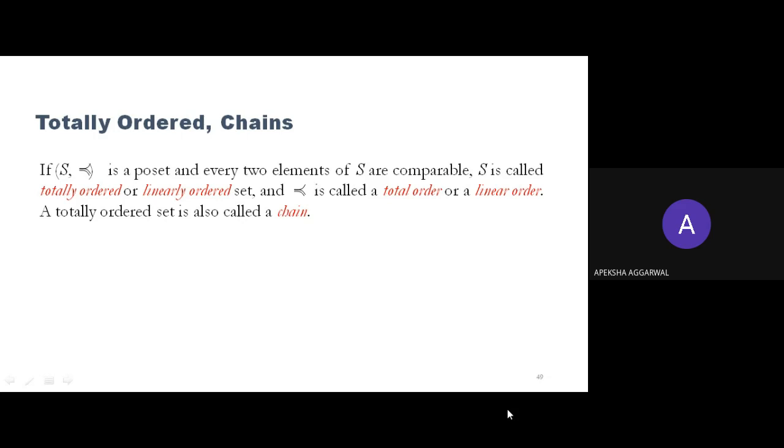So suppose the set was 1, 2, 3. So 1, 2 must be there, 2, 3 must be there, 1, 3 must be there, and so on. So for every two, this is satisfied. Then S is called a totally ordered or linear ordered set. If every two elements of S are comparable, then it is called a totally ordered or linear ordered set. And this is also called a chain.